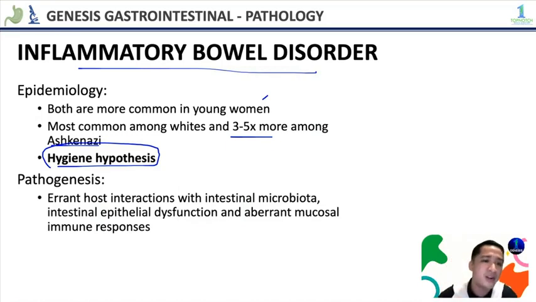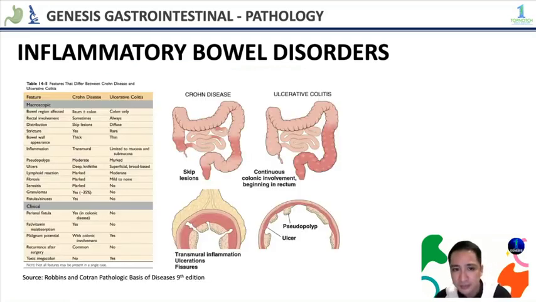But in theory, in your inflammatory bowel disorder, there is an interaction between the host, of course, the human, the intestinal microbiota, the intestinal epithelial dysfunction, and again, the immune response. That's the pathogenesis of your IBD.